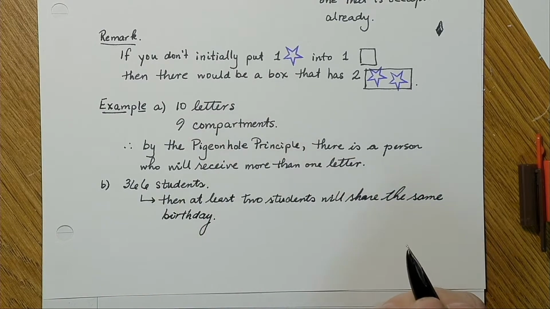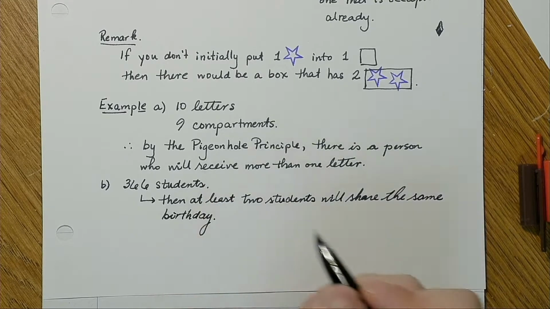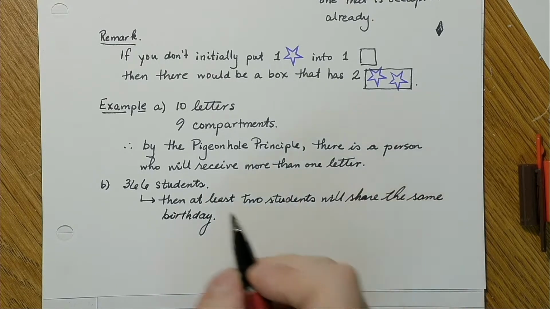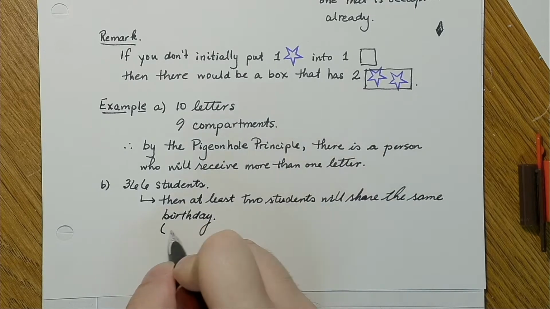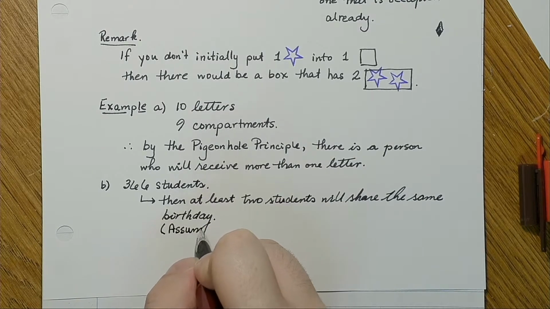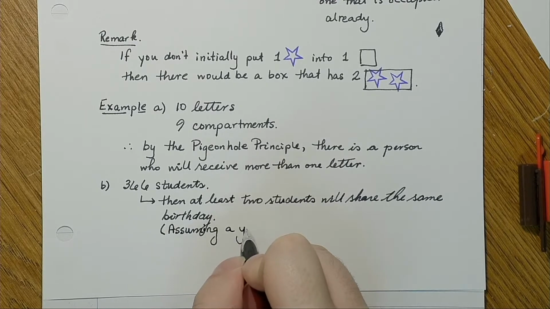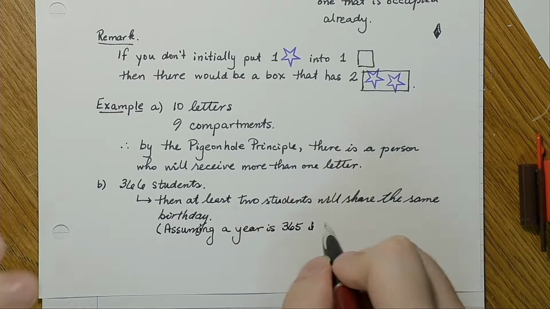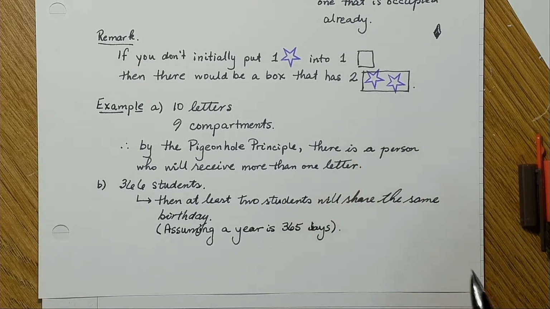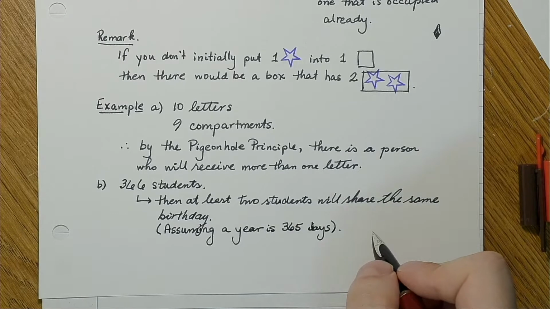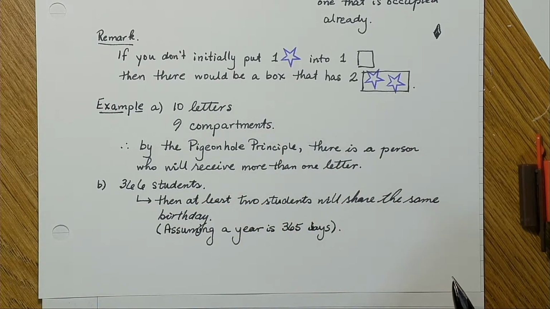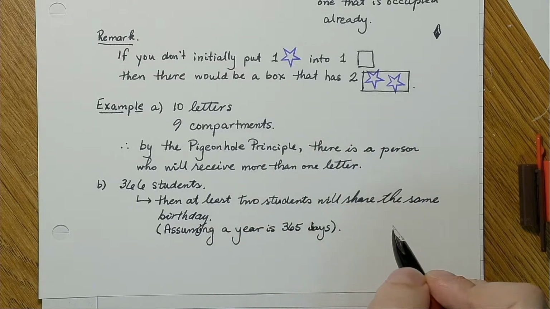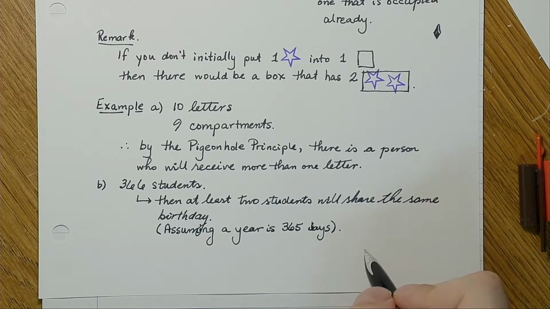Because, same idea, by the pigeonhole principle, assuming a year is 365 days, if everyone has 365 unique birthdays, that 366th person is going to have to be placed somewhere in that calendar, in those boxes, those days. And so they'll have to share with at least one other student.